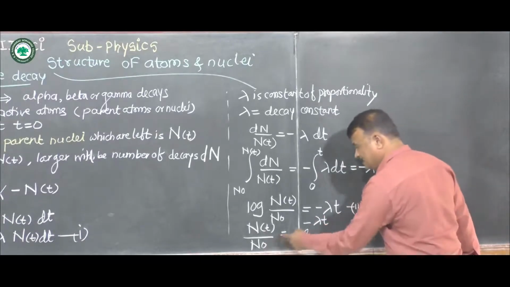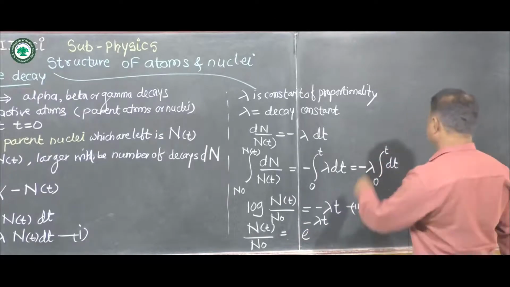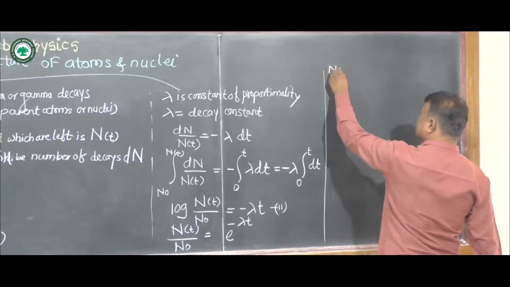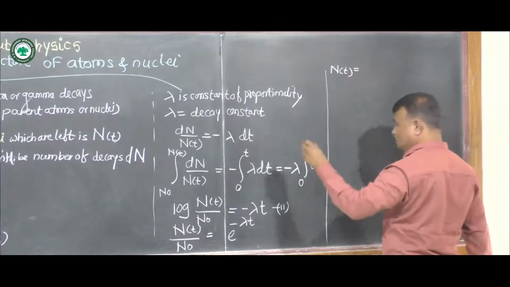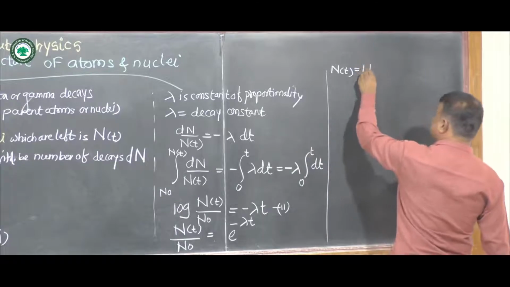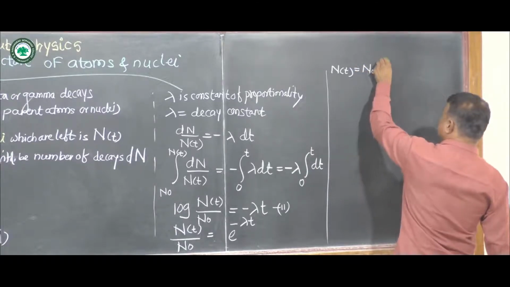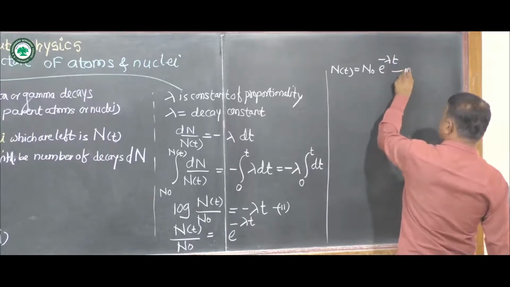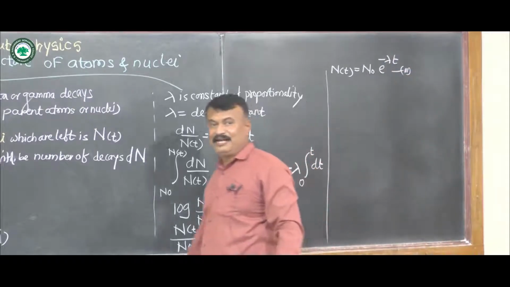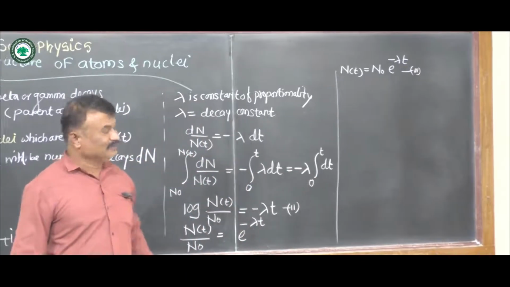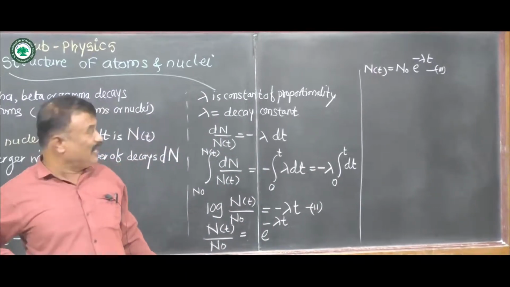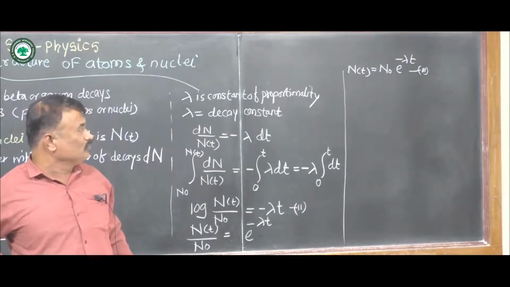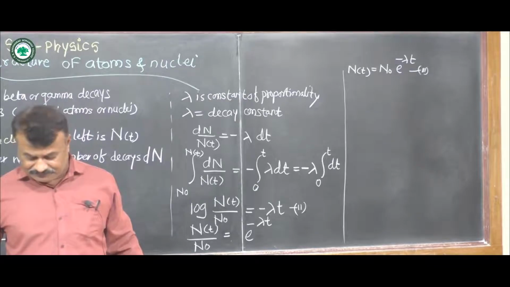This N0 on that side will be multiplied, so we get the next equation: Nt is equal to N0 into e raised to minus lambda t. Equation 3. In this way we get equation 3, which gives us the value of Nt is equal to N0 into e raised to minus lambda t.